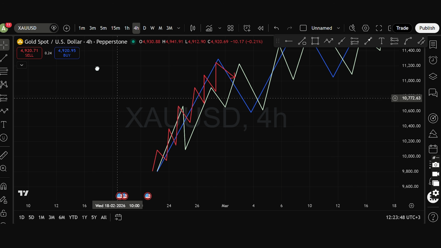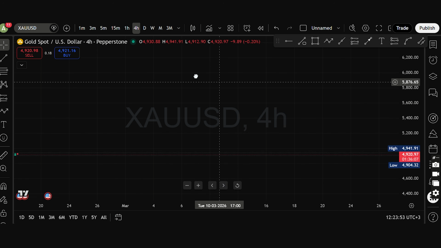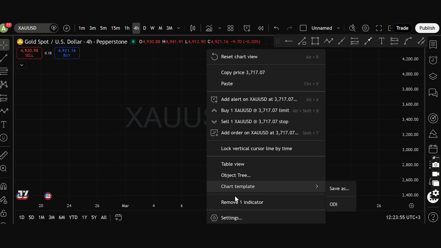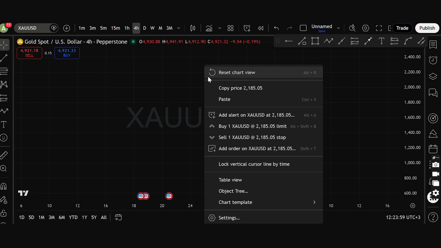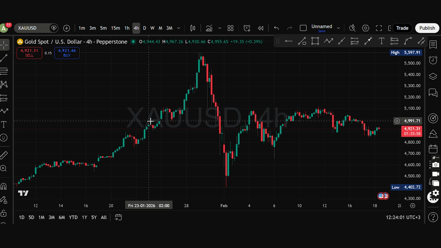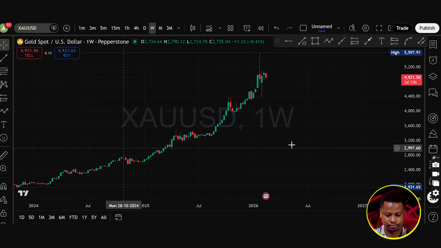So let's just briefly look at what is happening in the market, and then you guys are basically going to understand what I mean. For example, let's even go to the weekly time frame.